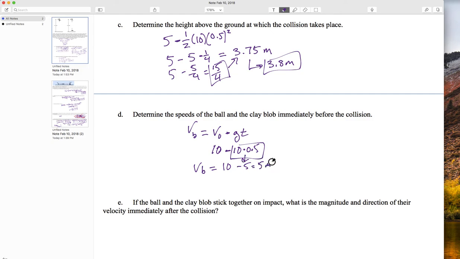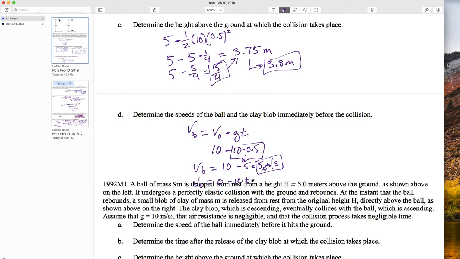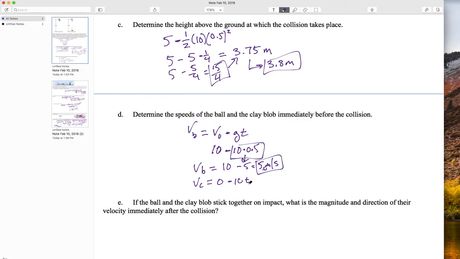5 meters per second. 5.0 to hit the significant digit mark. And the v of the clay is equal to the v0, which is just 0, minus 10t. Well, it turns out that this is the same thing. t is 0.5.